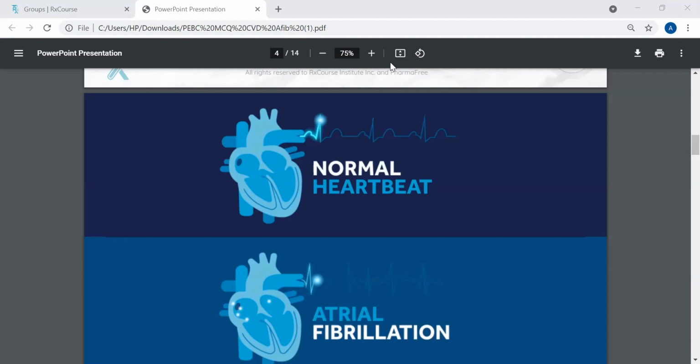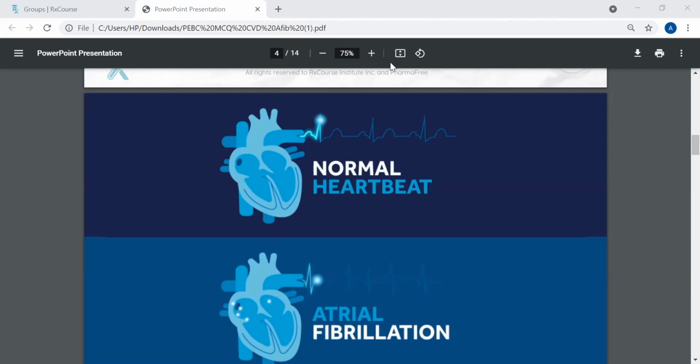Okay, thank you. Atrial fibrillation is a kind of supraventricular tachycardia, which we can define as irregular heartbeats, because as we see on the ECG, the P wave is lost and the distance between R waves changes with each cycle.